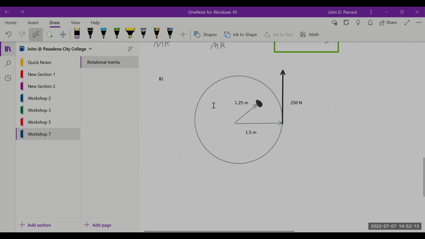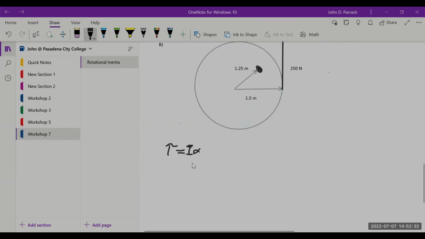Now, let's do our same equation. We're looking for the angular acceleration. And you have your core equation that you always go to straight off the bat: tau is equal to I alpha. A problem about rotational inertia, probably going to use this formula.